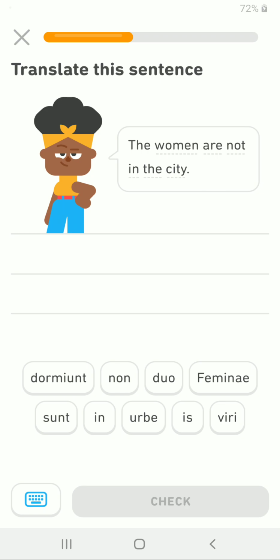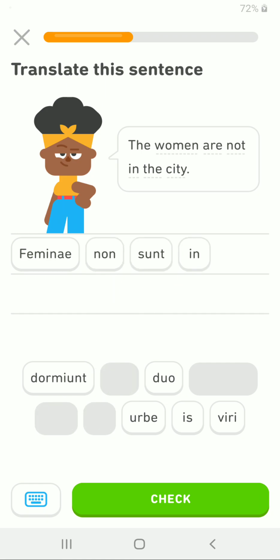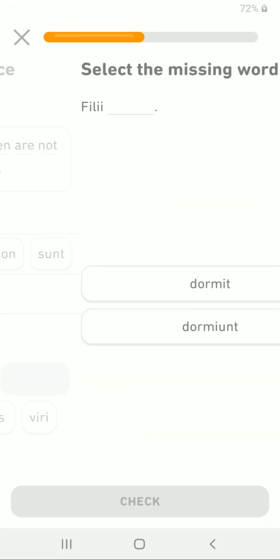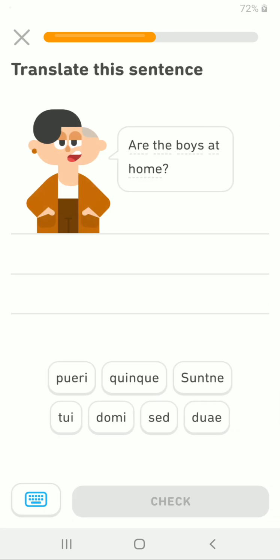So the women, feminae. Non. Feminae non sunt in urbe. Or I can say non sunt. Filii dormiunt, of course.